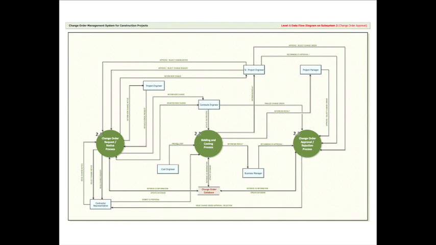Along the way, they can be rejected, it's controlled by these users, but in the 2.3 here, the final process is this change order approval and rejection. All these processes contribute to the change order database, which in this data flow diagram is managed by the contracts engineer, as you can see here.